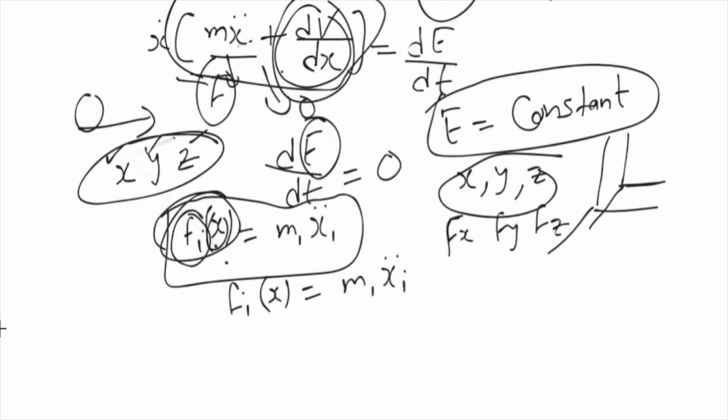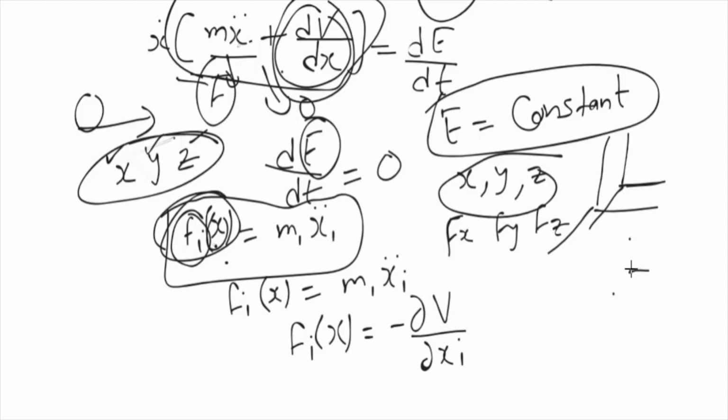And we know Fi is equal to minus the partial derivative, not the simple derivative, dV upon dxi. In other words, wherever you are, the component of force is proportional to the rate of change of potential energy along that particular direction.